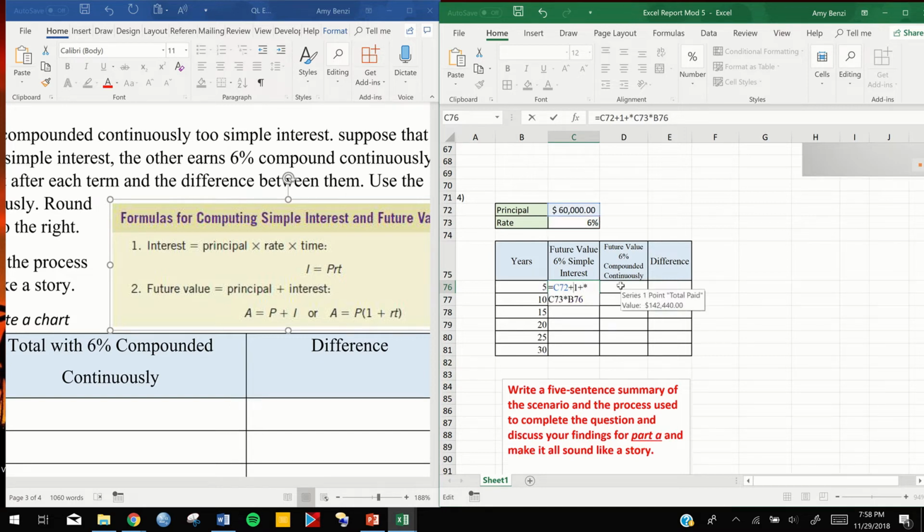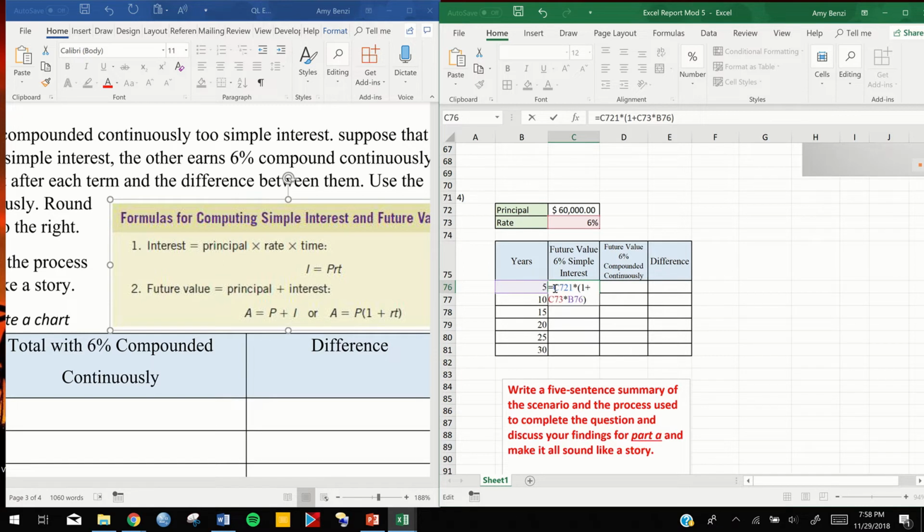And then here I am going to multiply this. Excel wants those parentheses. All right, so now I'm just using the other piece of this formula. Now I have the principal times one plus the rate times the time.